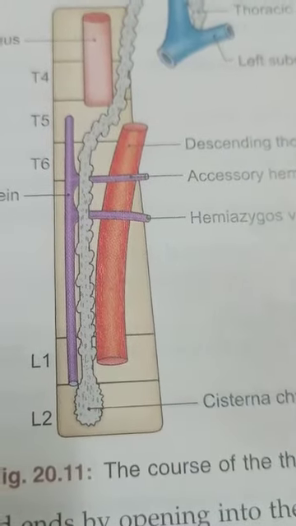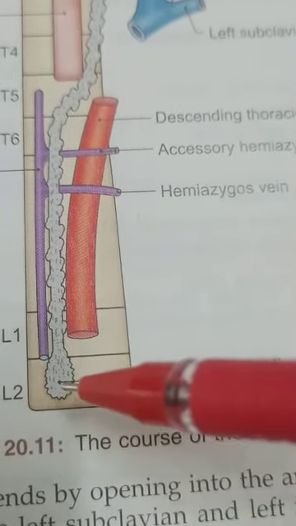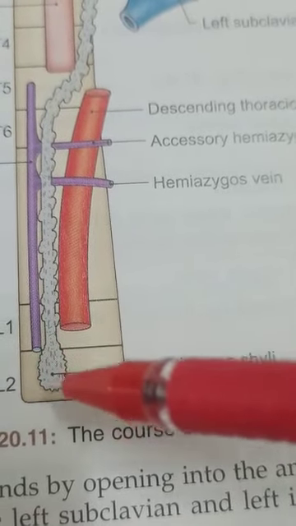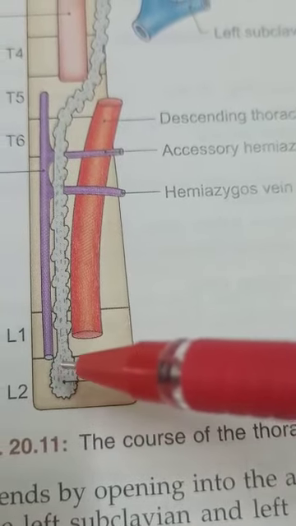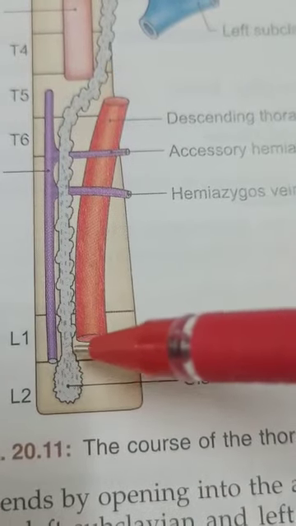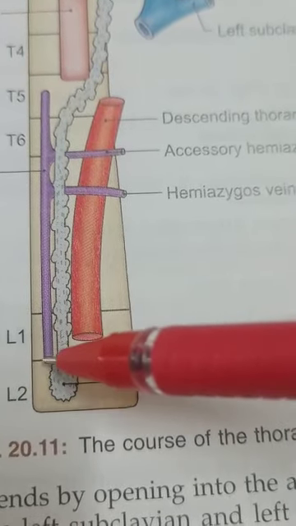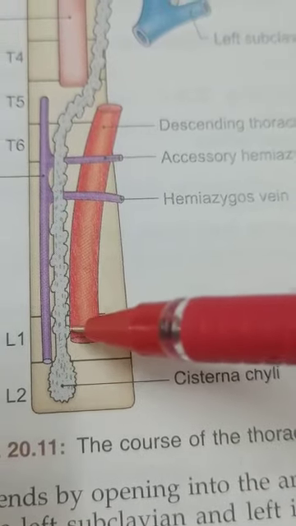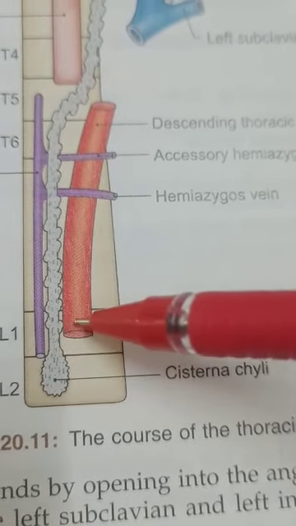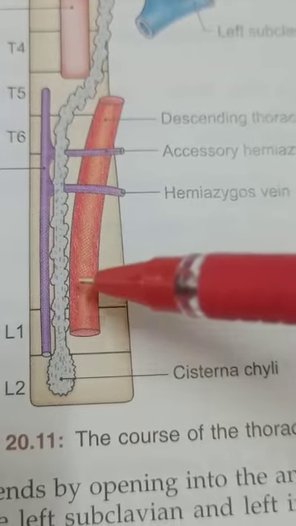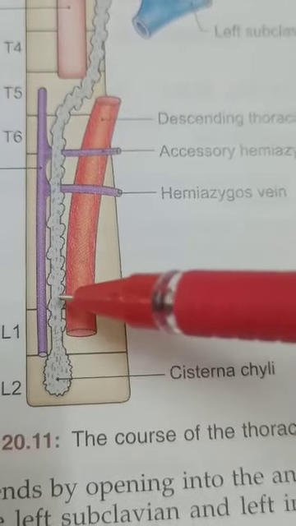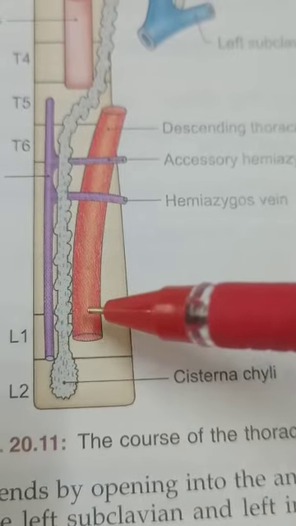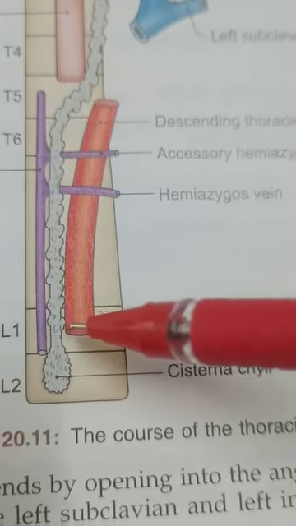As for its course, the thoracic duct begins as a continuation of a sac-like structure known as the cisterna chyli. So this is the cisterna chyli. It starts from the upper end of the cisterna chyli at the level of L1, and it passes upward along with the aorta. It passes through the aortic opening in the diaphragm at the level of T12, not L2.